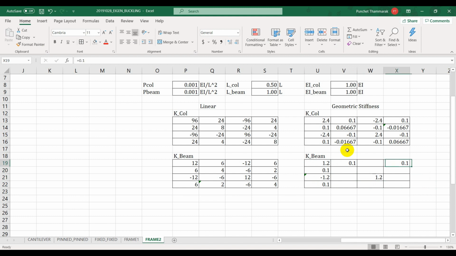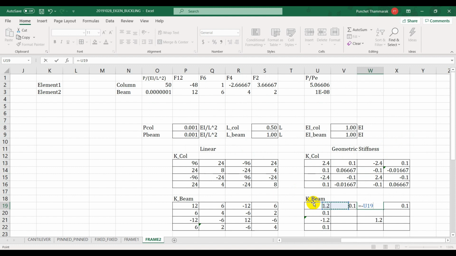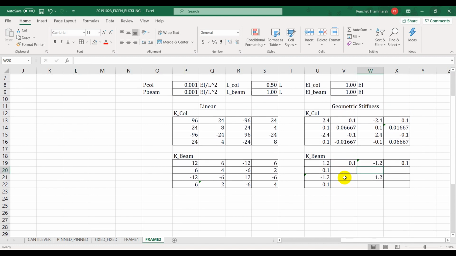Okay, minus 1.2, this is equals to 2 over 15, 2 divided by 15 multiplied by the length, and this is identical but negative sign of this one. Right. This one has to be negative of that one.